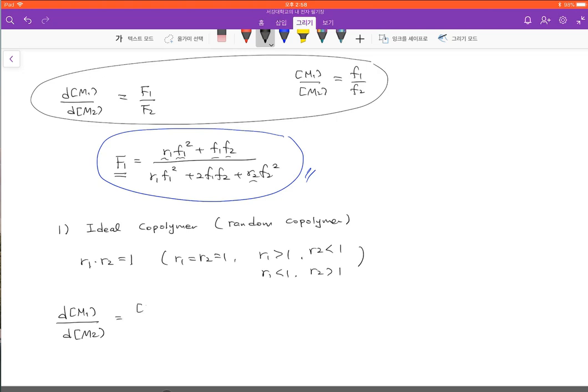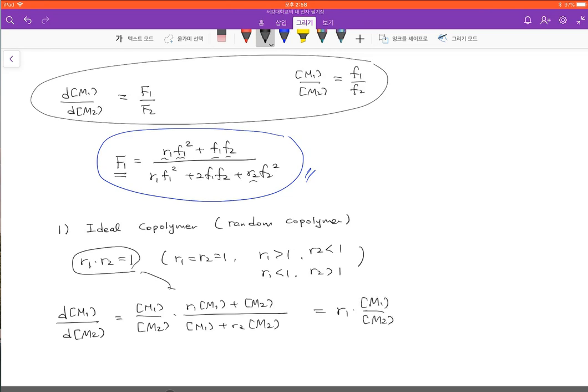In this case, the copolymer equation dm1 over dm2, if you rearrange it, becomes r1 times m1 over m2.